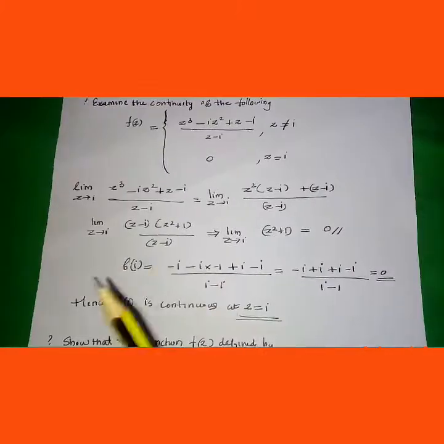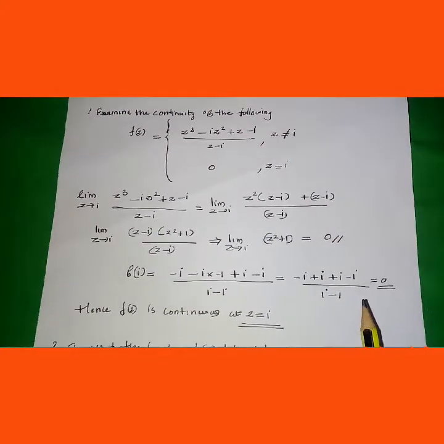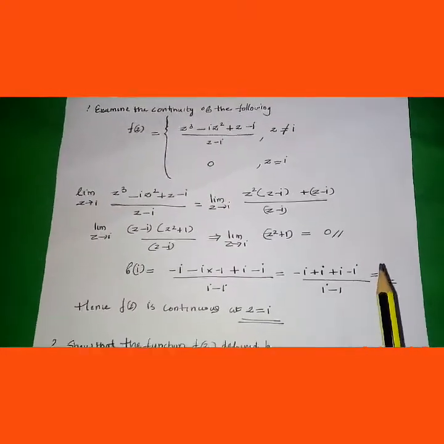We put z is equal to i there, and we get the function as 0. So the function is 0 and the limit is also 0. A continuous function will satisfy these conditions. So the function is continuous here. So the problem is solved.